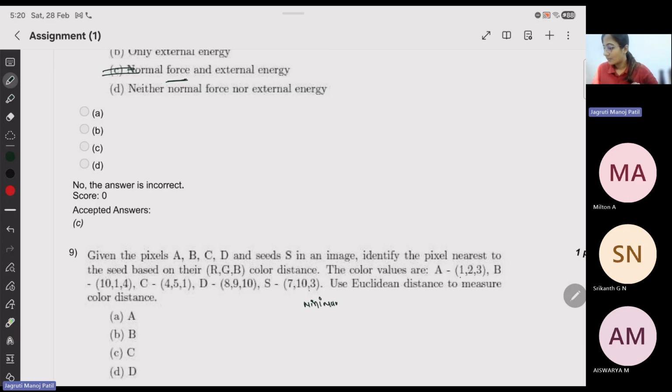From S to each of A, B, C, D, which of the distances DA, DB, DC, and DD is minimum here? So directly do the square root of the first coordinate minus the other coordinate whole square, plus the second coordinate minus the other coordinate squared, like that. That is the Euclidean distance, and compute it. Which is the one which is closest?